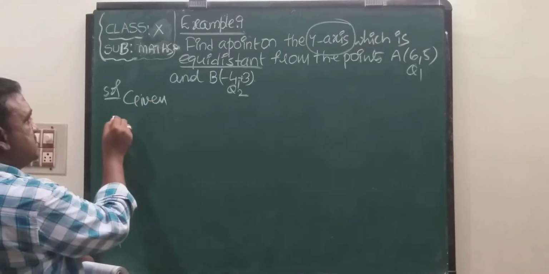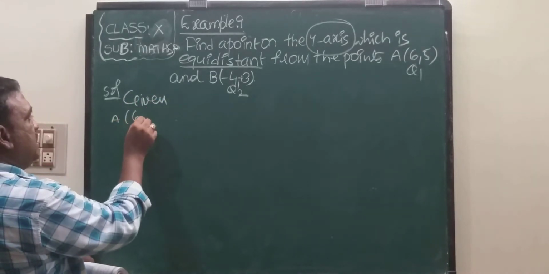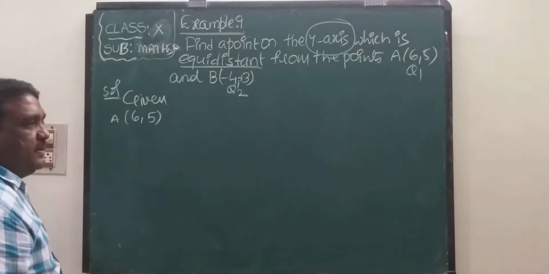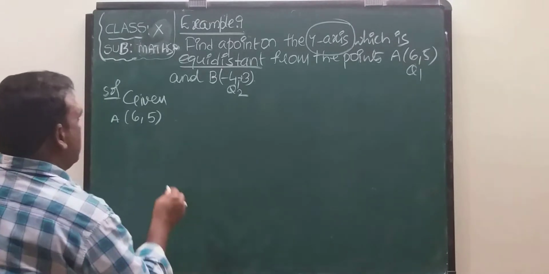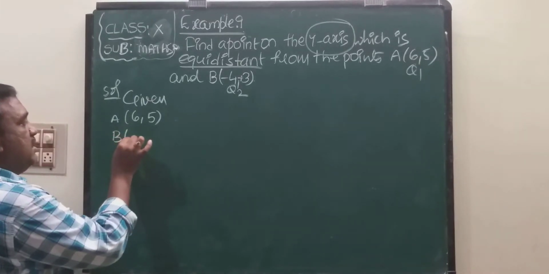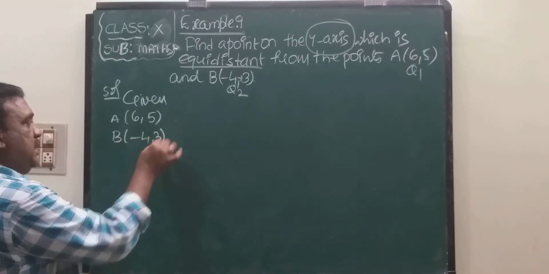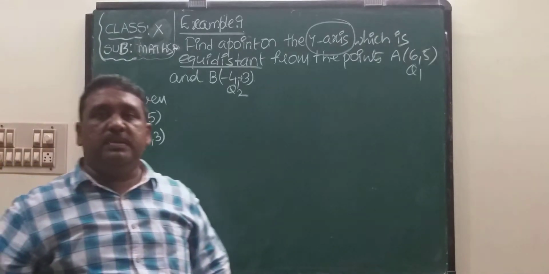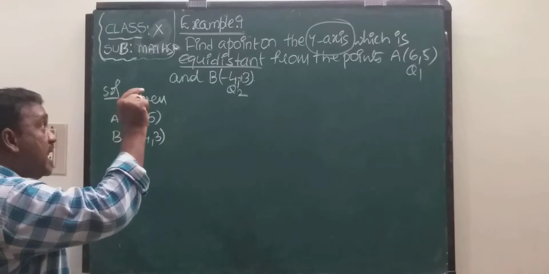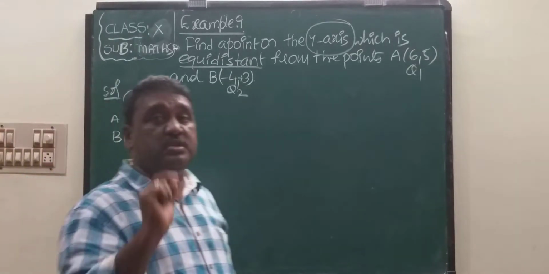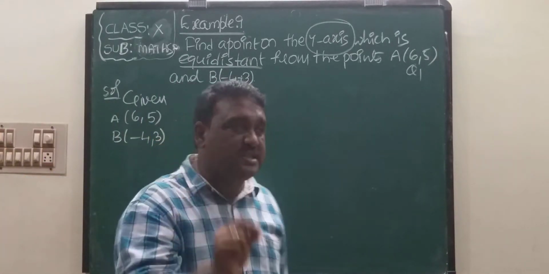Okay now, let us name the points. Given A (6, 5), second one B (minus 4, 3). We need to find out the point on y-axis.